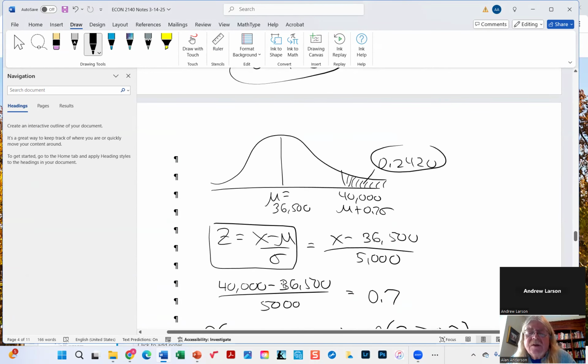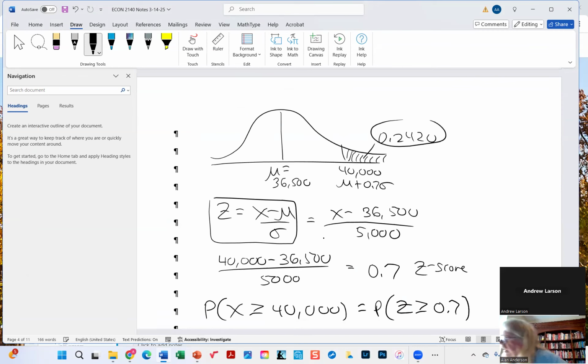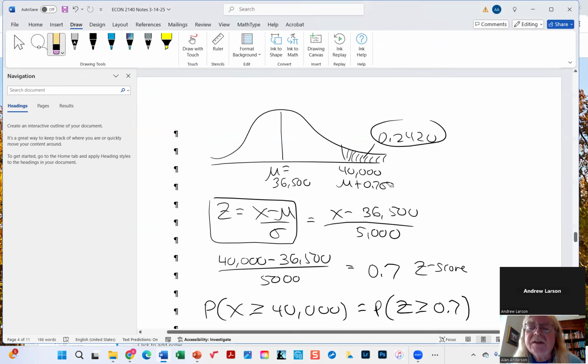So if I plug in all these numbers, you'll see that 40,000 miles for the X scale is equivalent to 0.7 in the Z scale, or in other words, the Z score is 0.7, which implies that this 40,000 represents being 0.7 standard deviations above the mean.